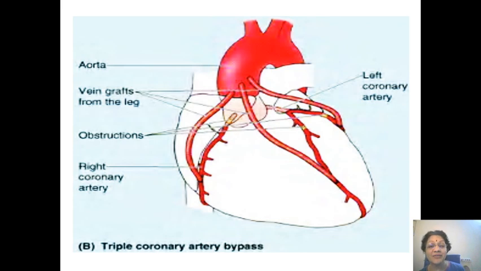So this is the state of the art now, and by the time your generation comes into clinical medicine, maybe new things will happen. For the time being, please remember the anatomical basis of ischemic heart disease and the management of ischemic heart disease as it stands today.